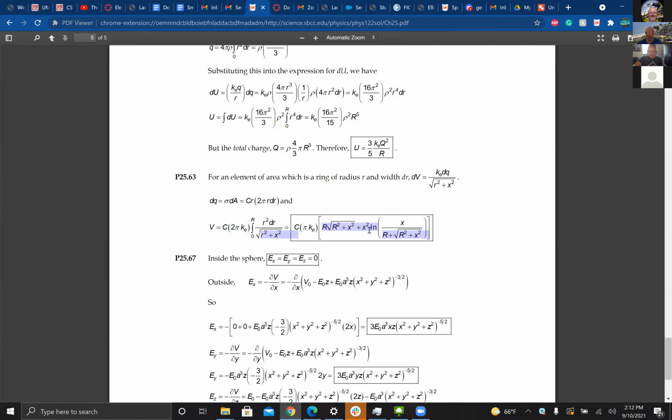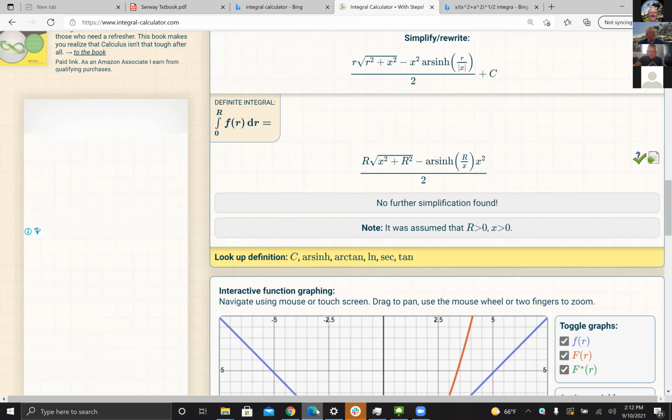Or actually, no, it kind of changes, because here it's C2 pi k e, and here there's a C pi k e. So maybe there was a 2 on the denominator in this answer somehow, and then that crossed out. Yeah, I'm looking at the answer now.